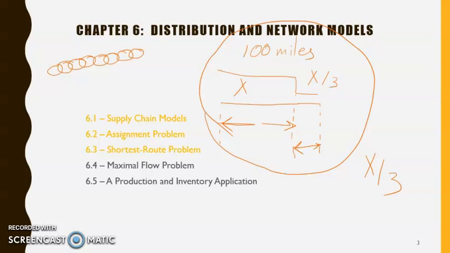For example, if the weakest link is this, the strength of the chain is specified by this link here. This is exactly the case regarding roads.